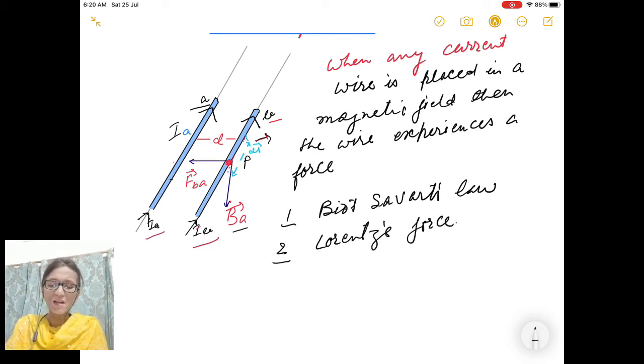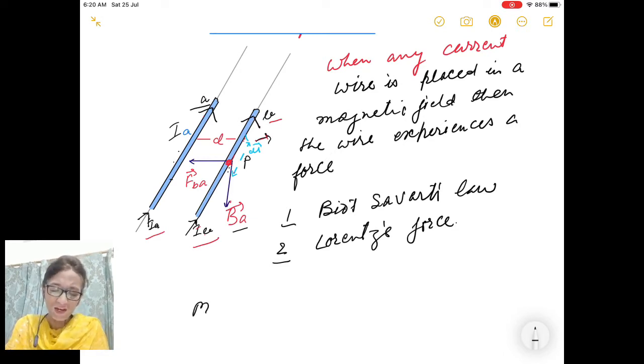So firstly we will be obtaining the magnetic field at point P on wire B due to wire A and due to current IA.